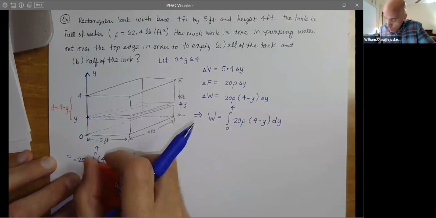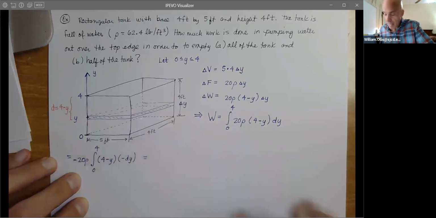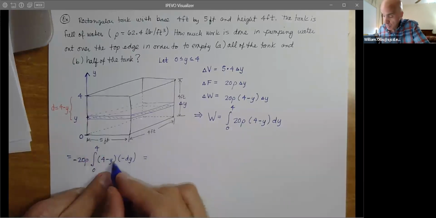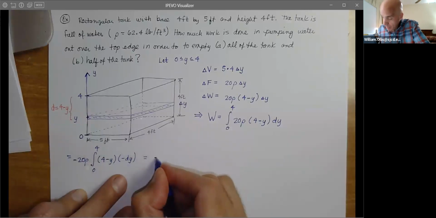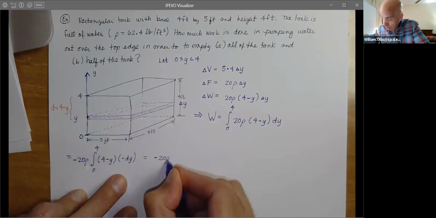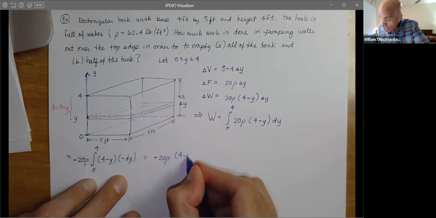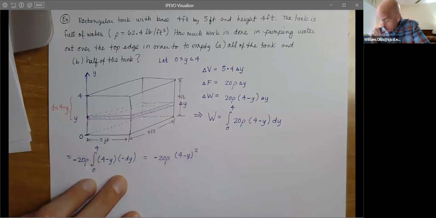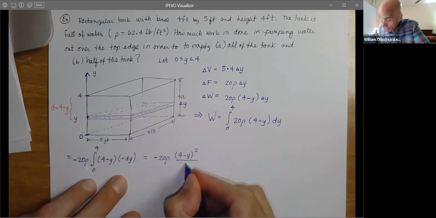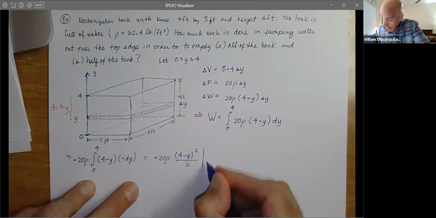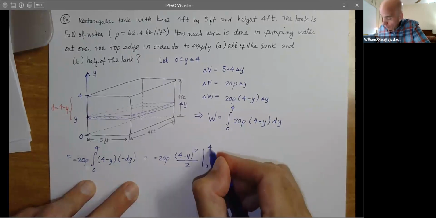So now, of course, we can add 1 divided by the new power, and that's so much easier. So this is table ready. So we have negative 20 rho, add 1, so we get 4 minus y, add 1 to get a square, divide by the new power, which is 2, and evaluate between 0 and 4.